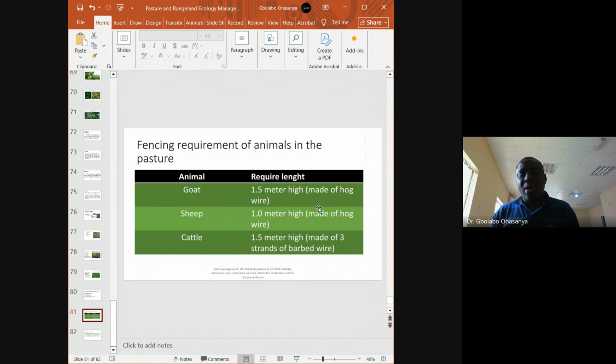So you can use barbed wire, or you can use live fencing using trees. For example, leguminous trees. When we plant, it is advisable to plant leguminous trees for live fencing, for demarcation, because we can easily cut the trees to feed our animals.